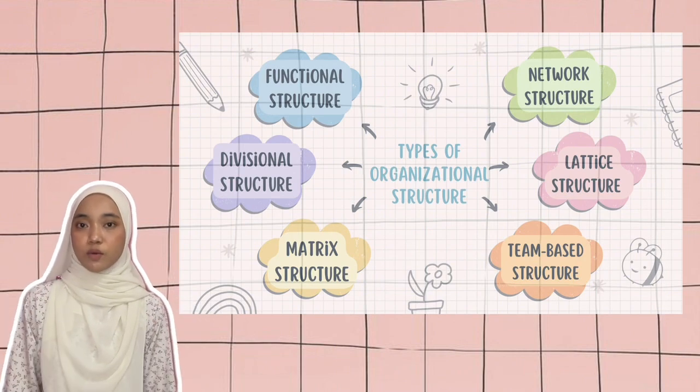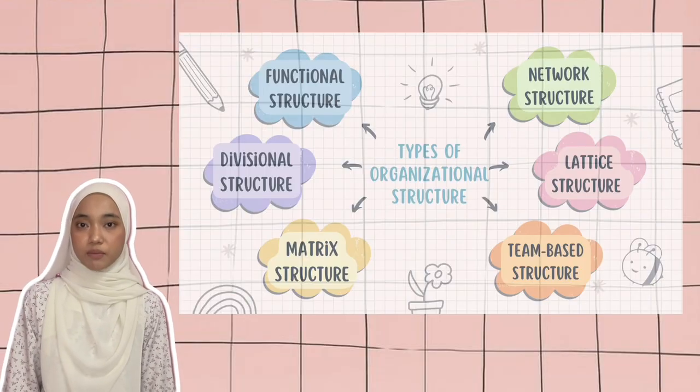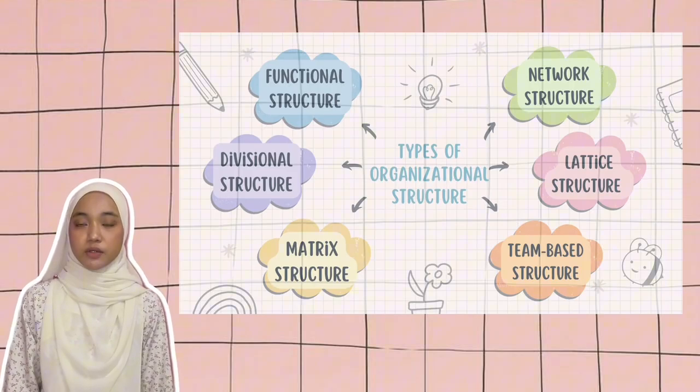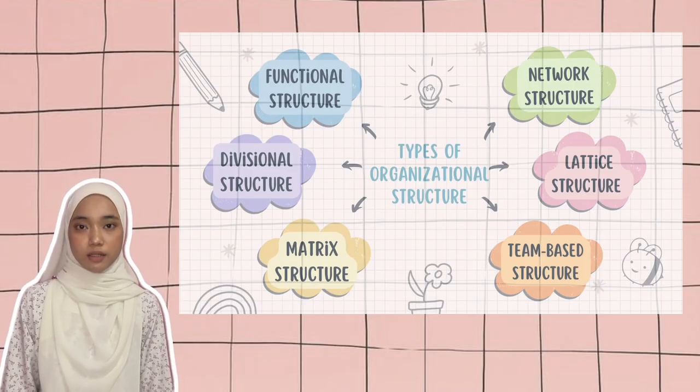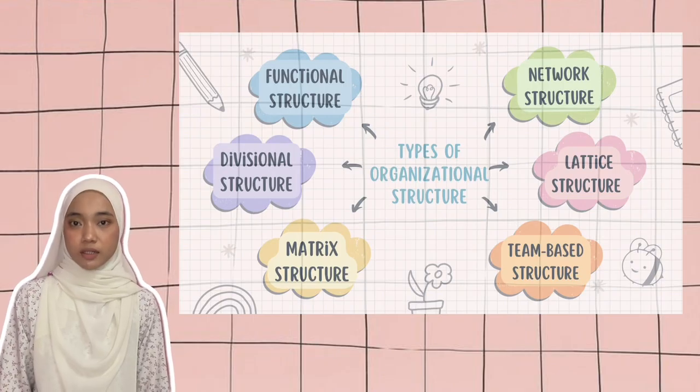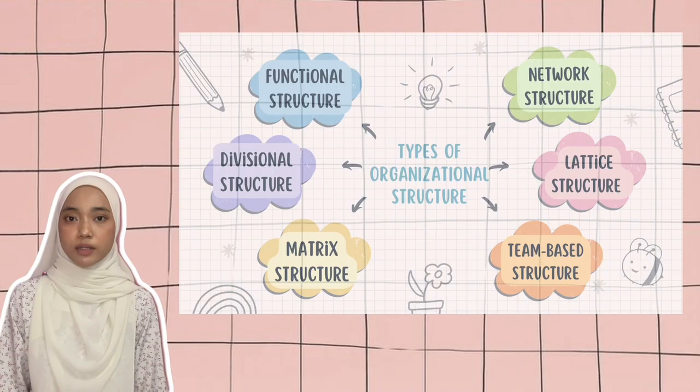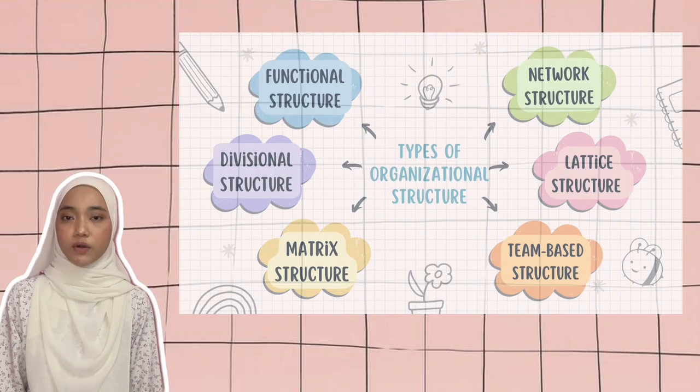Sixth, network structure. A central company outsources most functions. It's lean and flexible but requires tight coordination. Each structure has trade-offs, and choosing the right one is a key part of organizational design.